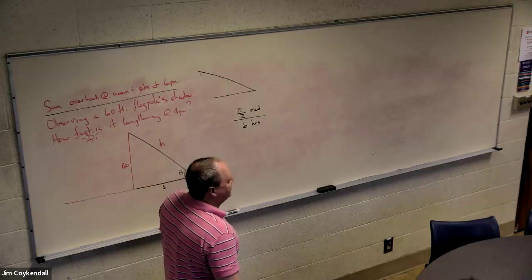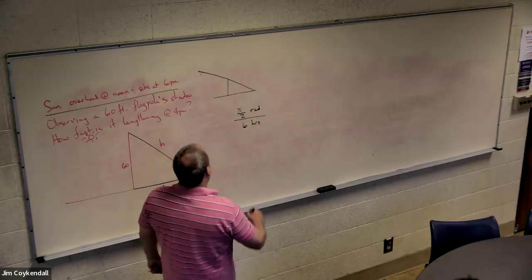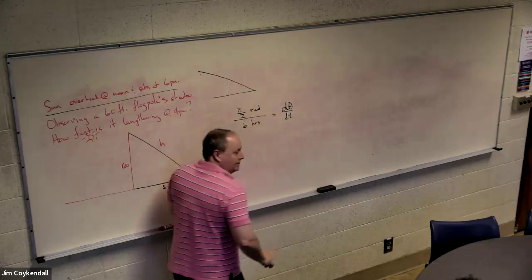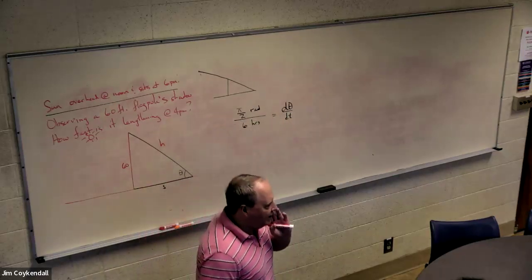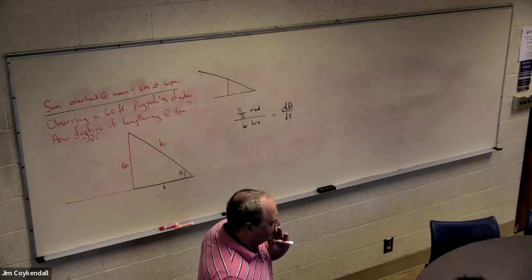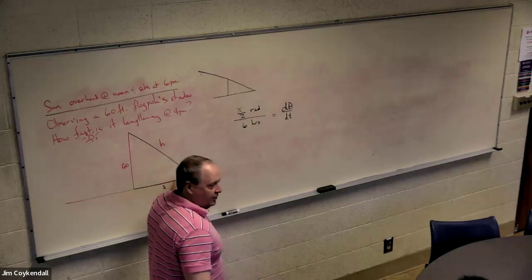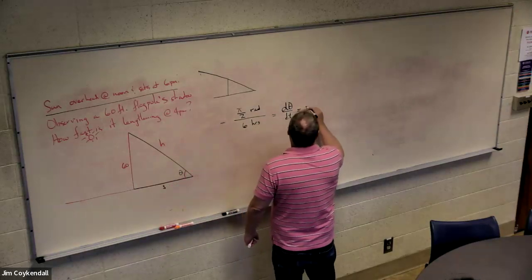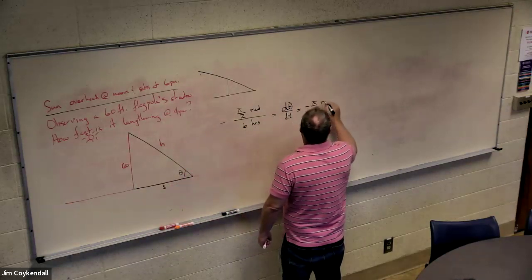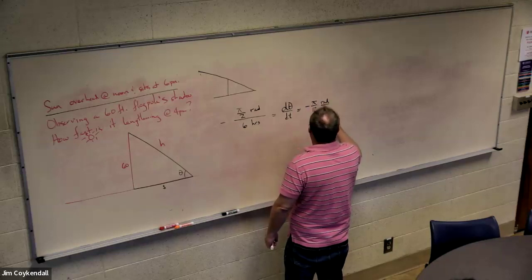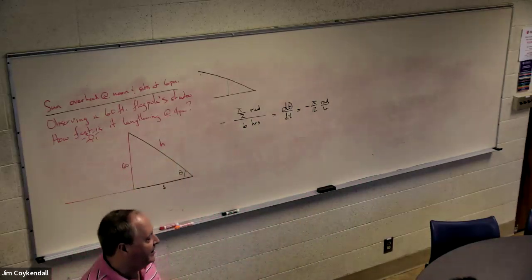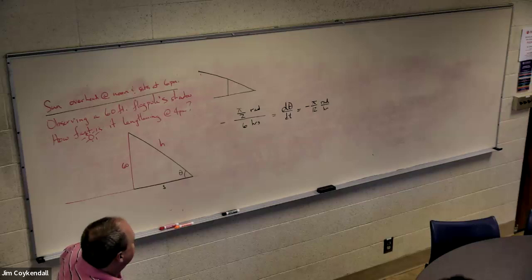From noon to 6 p.m., is that angle theta getting bigger or smaller? Smaller. So my d theta/dt is negative pi over 12 radians per hour.